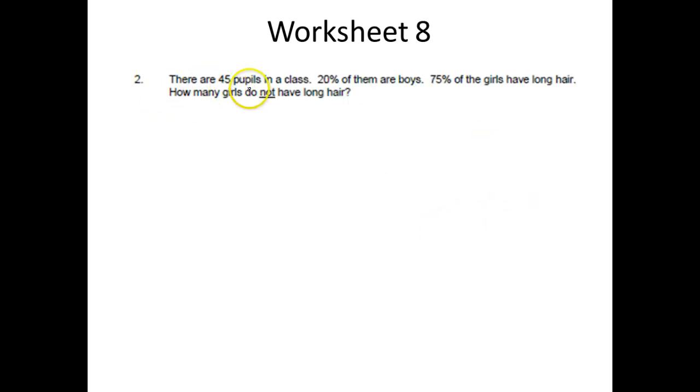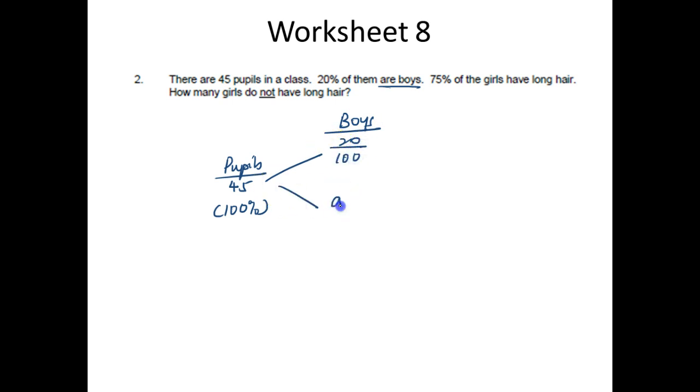Question 2. There are 45 pupils in a class. 20% of them are boys. So I know the pupils, 45 pupils, which is 100%. 20% are boys, 20 out of 100. Girls, 80 out of 100. I can times the 45 because I know the number is 45.